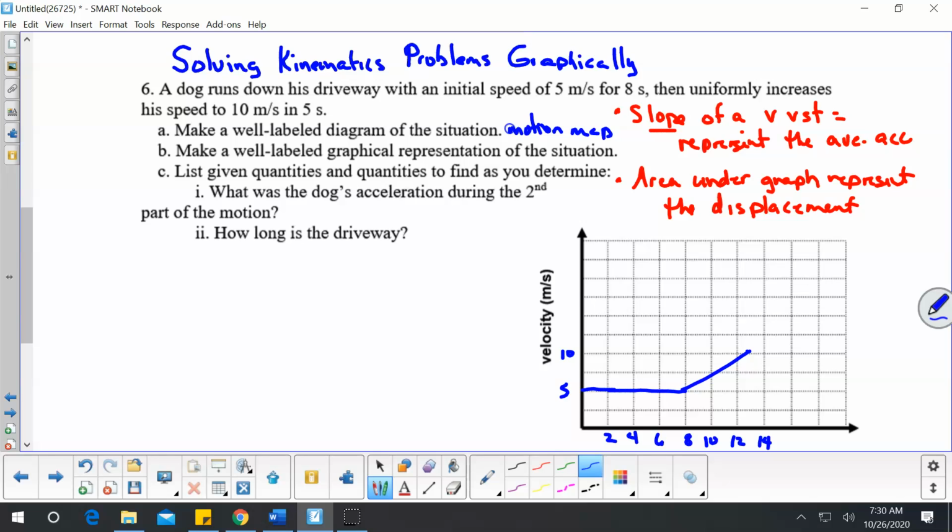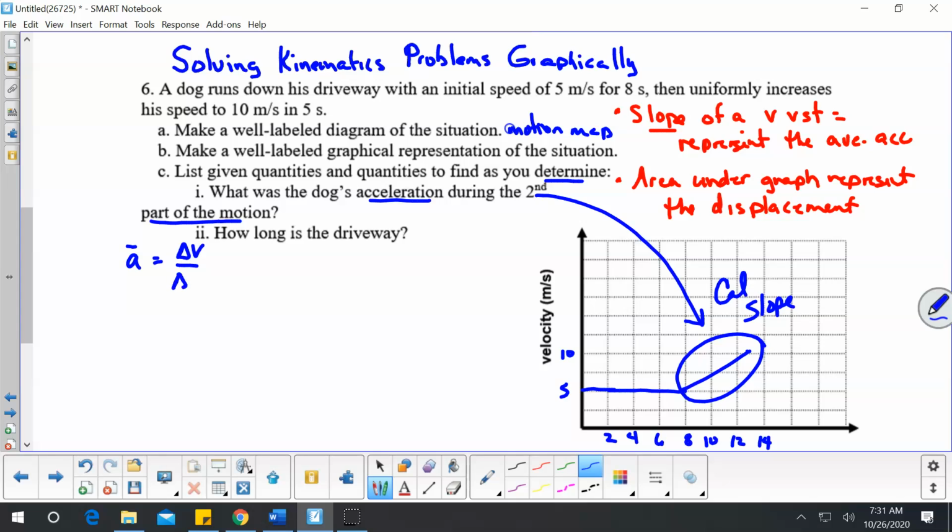Now, they want you to determine two things. One is the acceleration during the second part of the motion. That acceleration is occurring right here, so for that, we're going to calculate slope. Average acceleration equals the change in velocity over the change in time. So we take the velocity final minus the velocity initial over the time final minus the time initial.